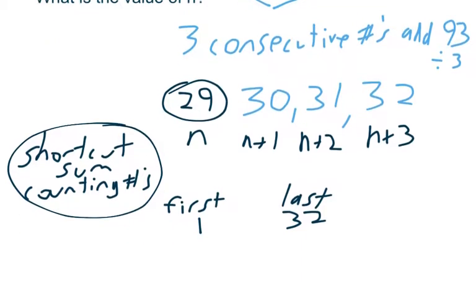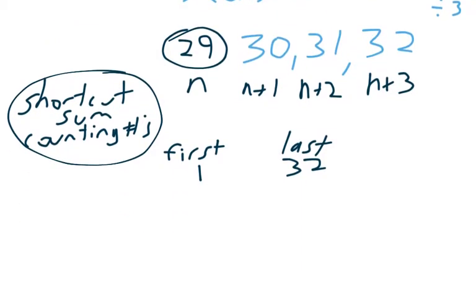What I do to check this, I just add these up, the first and the last, and I find their mean. The reason I can do this is because it's like an arithmetic sequence. They're the same numbers apart. So it's 1, 2, 3, 4, 5. They're all 1 apart. So if I find the average of the first and the last, it gives me the average of the whole thing.